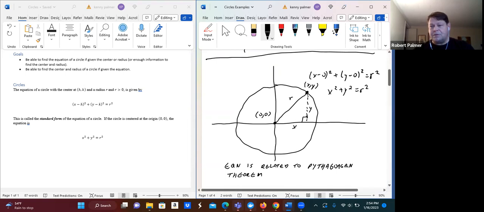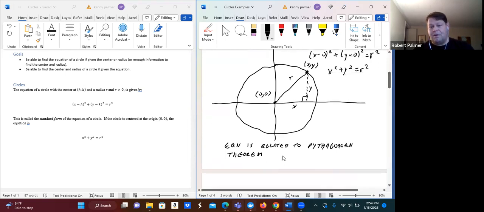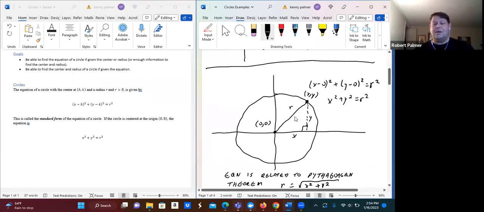Basically, take the square root of both sides of this, then r is equal to the square root of x squared plus y squared. So that's where the Pythagorean theorem is related, because the collection of all points that are some distance r from the origin, the center of the circle, creates a circle of that radius.